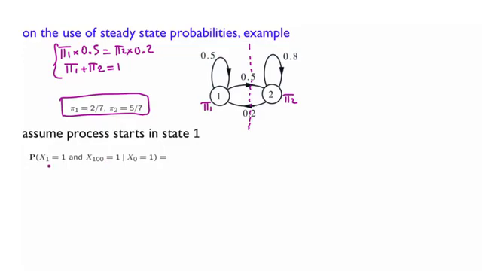Now the probability of two things happening is the probability of the first one happening, X1 equals 1 given X0 equals 1, and given that the first one happens, the probability that the second one happens, X100 is 1 given X1 equals 1, X0 equals 1. So what is this? This first one is the transition probability from state 1 to state 1, P11.